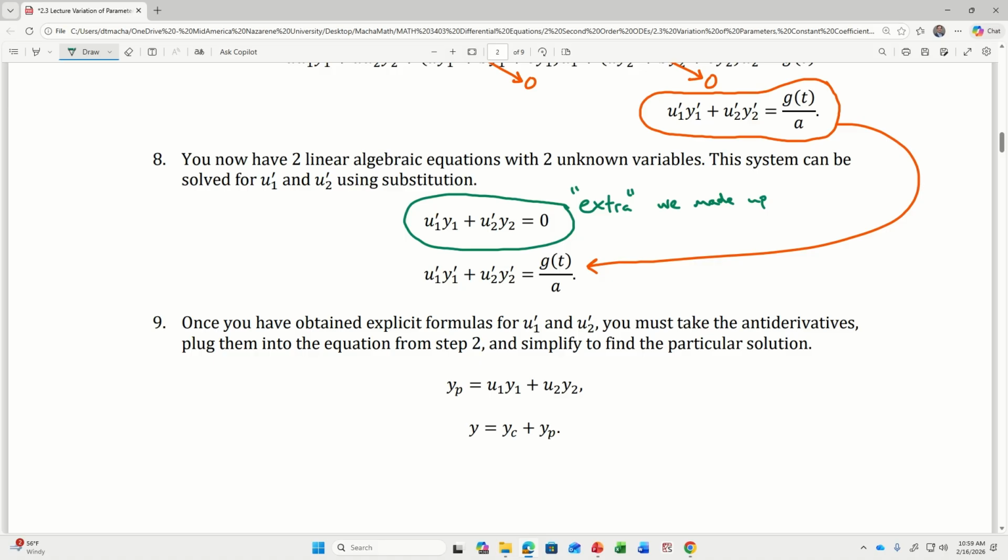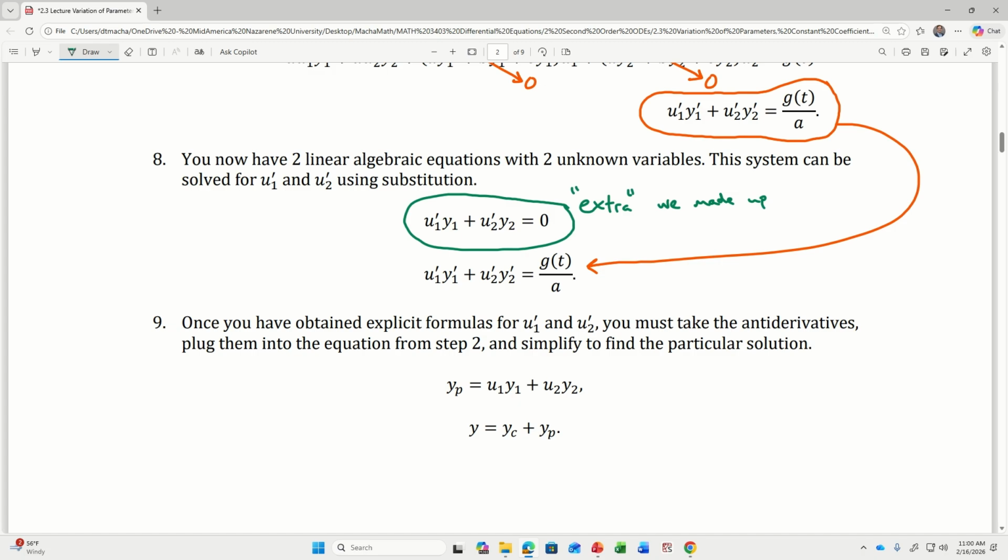Then, once we have explicit formulas, having solved this system for u1 prime and u2 prime, you can take antiderivatives to get u1 and u2, and you plug that back into here, where we had assumed that my particular solution was going to look like u1 times y1 plus u2 times y2.